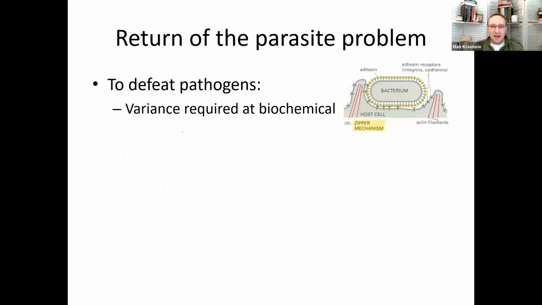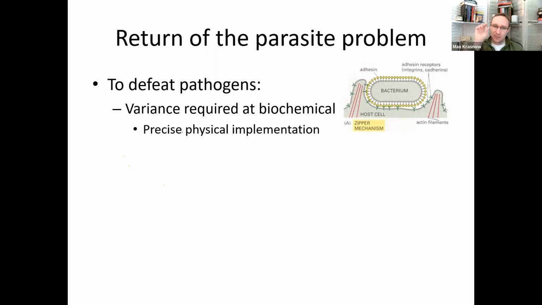For example, bacteria can enter a cell by mimicking the molecules that the cell normally uses, those proteins on the surface of the cell, to allow resources to get in.